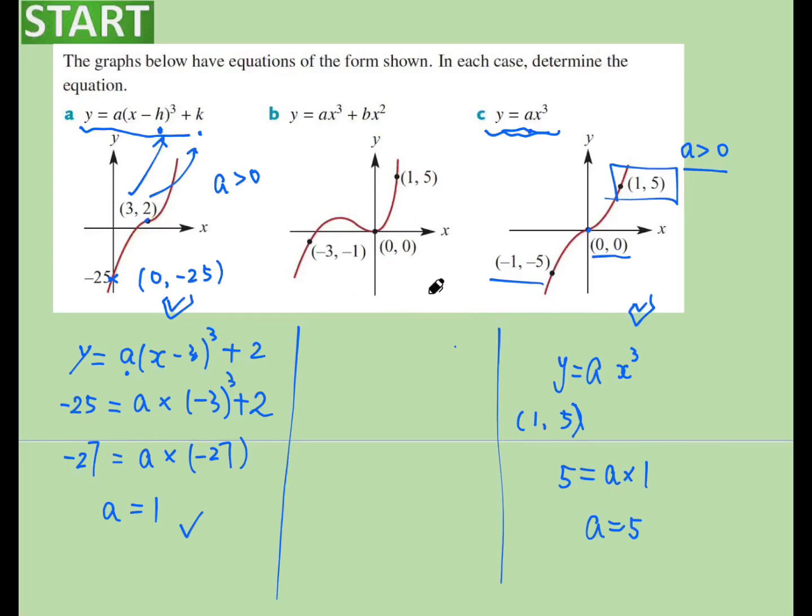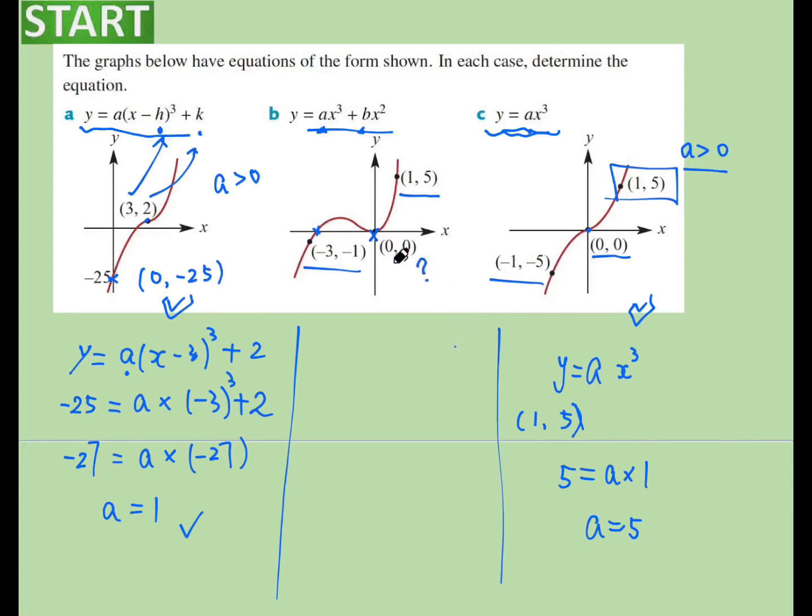The shape is different from the other two because it is climbing up double hills. And we know one x-intercept is at the origin, but the other x-intercept is not provided. Then how are we going to determine the unknown values of A and B in this function? We can select the point (1, 5) and another point (-3, -1) to determine A and B. Now a question is, will it be possible for us to use (0, 0) to determine A and B?